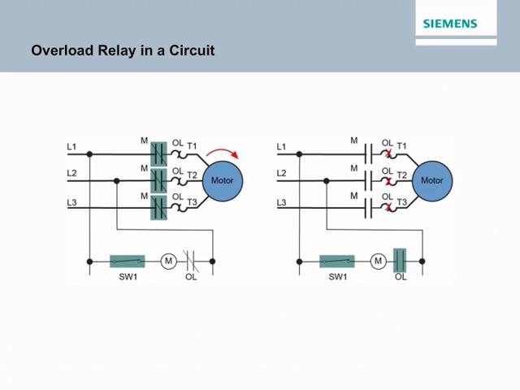This interrupted current flow in the contactor coil, causing the contactor contacts to open. In this circuit, if the overload relay is reset with the SW1 switch closed, the motor will automatically restart. For this reason, most motor control circuits are configured differently, as will be described later in the course.